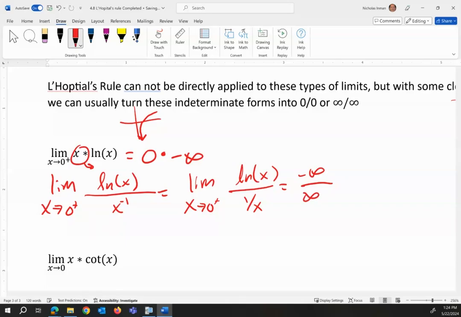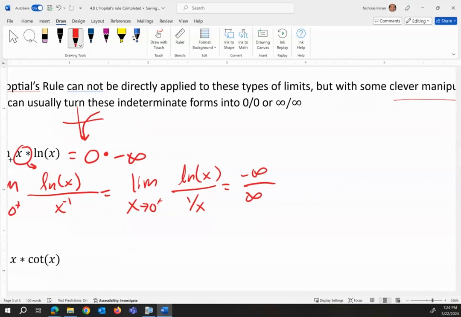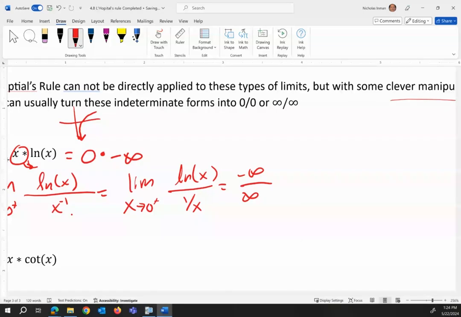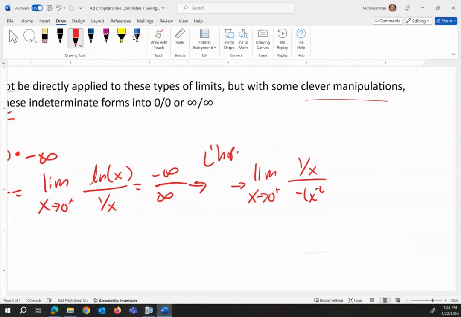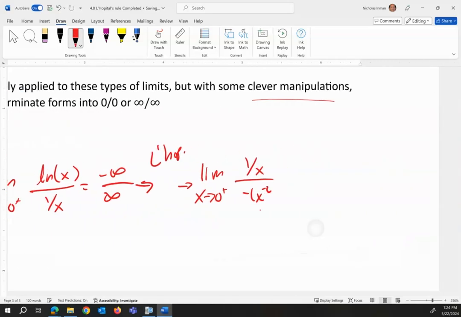Now I have infinity over infinity. So now I can apply L'Hopital's rule. By moving this to the bottom of a fraction, making its exponent negative, I've created an infinity over infinity situation. So I can apply L'Hopital's. The derivative of the top, the derivative of the bottom. Now I can move this back up to the top.